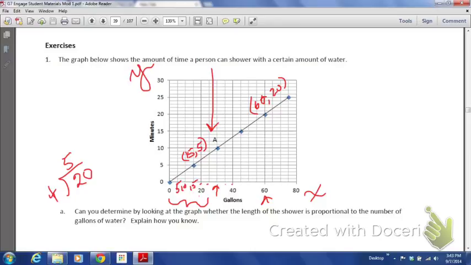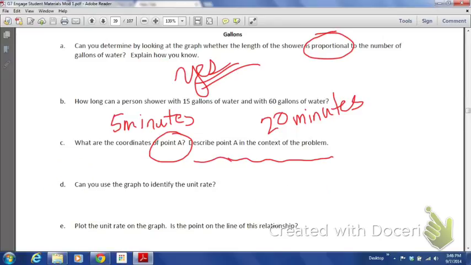So that's the point where we have 30 gallons of water and 10 minutes. So point A is 30, 10. We write the coordinates down like this, 30, 10.